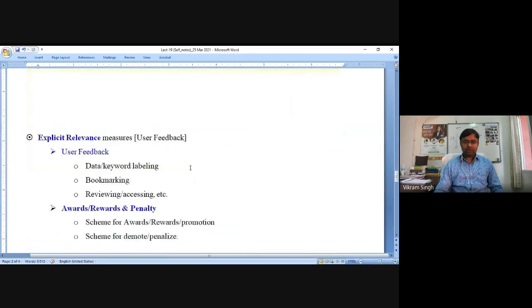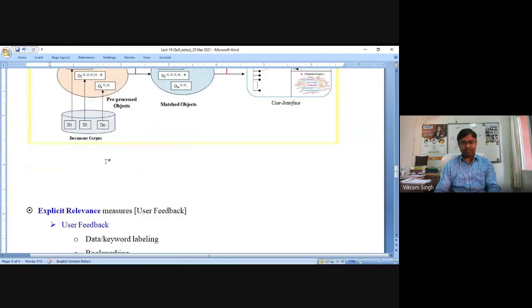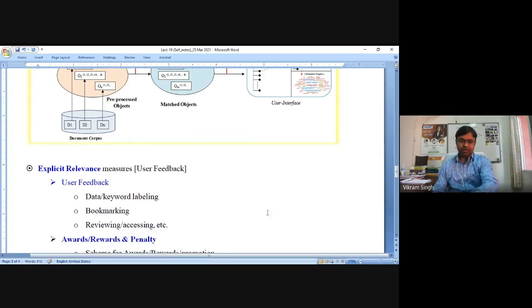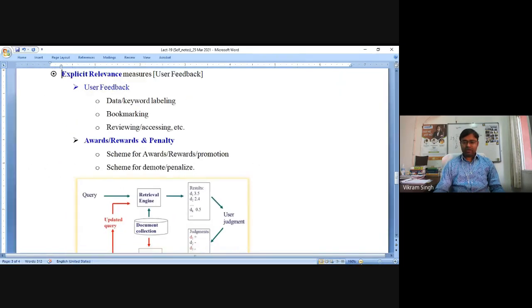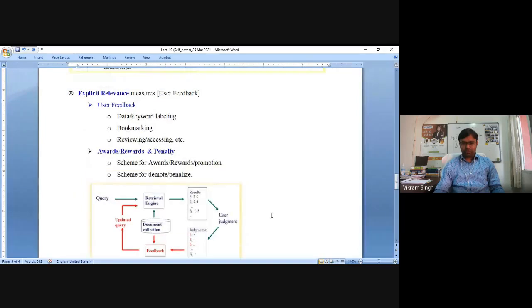Now, if we go to the second dimension of relevance, which we are seeing as the explicit nature of relevance, most of the existing approaches having this nature of relevance estimation are mainly utilizing direct user feedback.